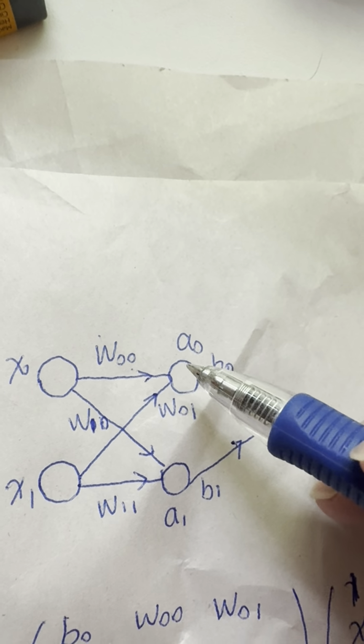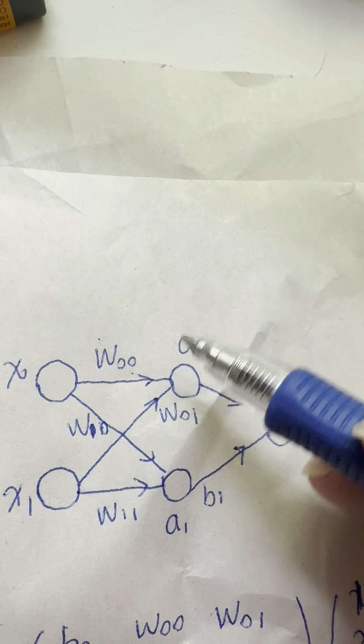So this goes to zero of the hidden layer and comes from zero of the input layer, so it's W00. And this one goes to zero of the hidden layer and comes from index 1 of the input layer, so it's W01.